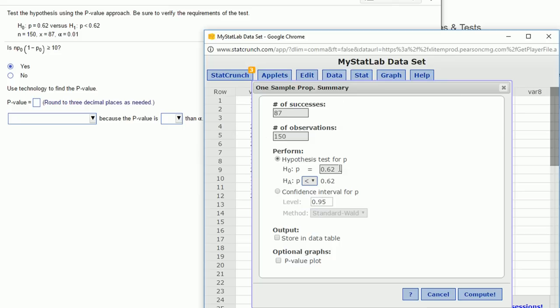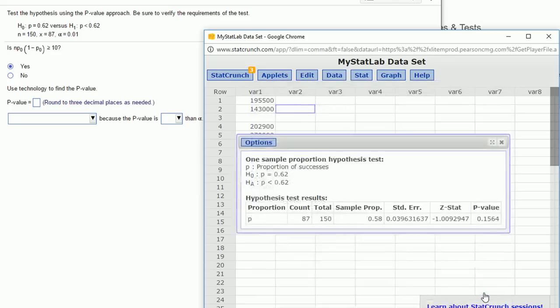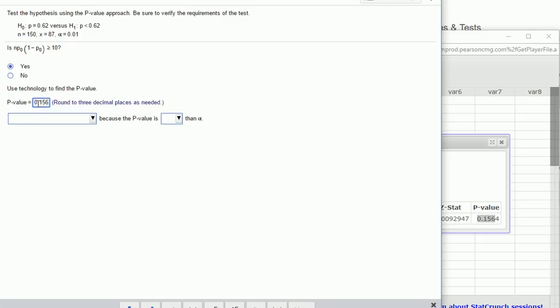That's all I have to do here, and I compute, and it gives me a z-stat and a p-value. My p-value, to 3 decimal places, is 0.156, and since I'm using an alpha level of 0.01, I do not reject the null. That's way bigger than my alpha level, so I don't reject the null because the p-value is greater than alpha.